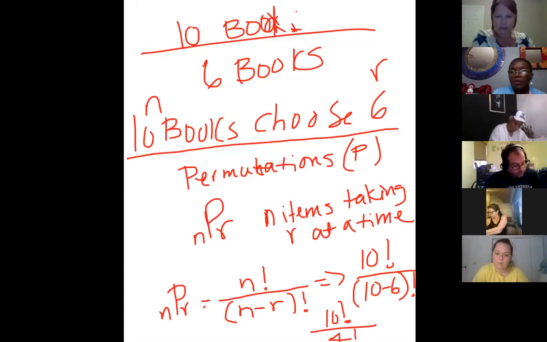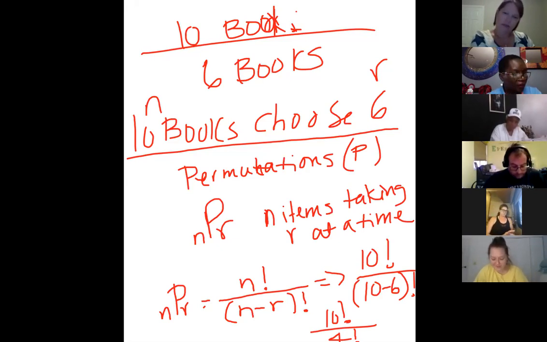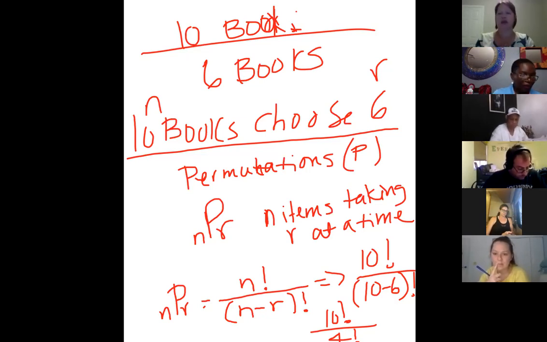Then you grab your calculator and plug it in: 10 factorial over 4 factorial. Why 4? Because 10 minus 6 is 4. Now, if you have your calculators, go ahead and plug it in for me.